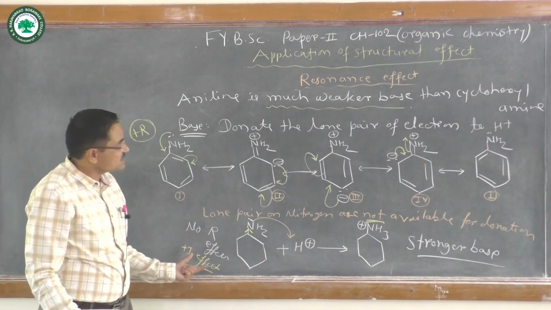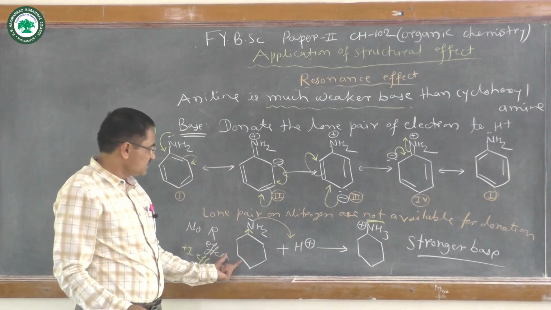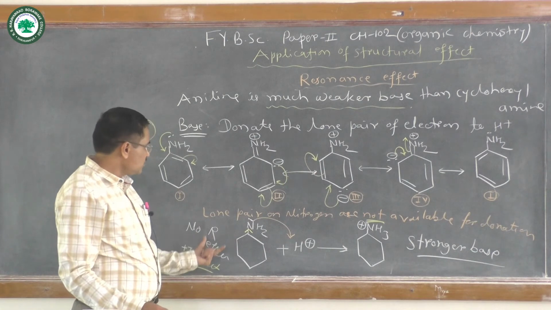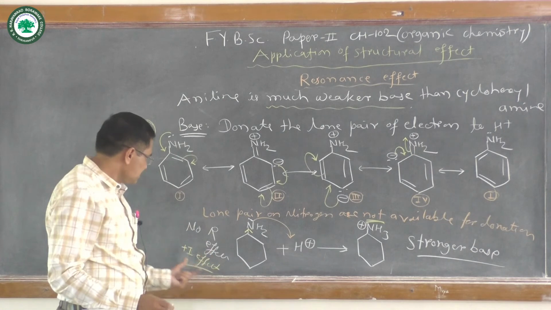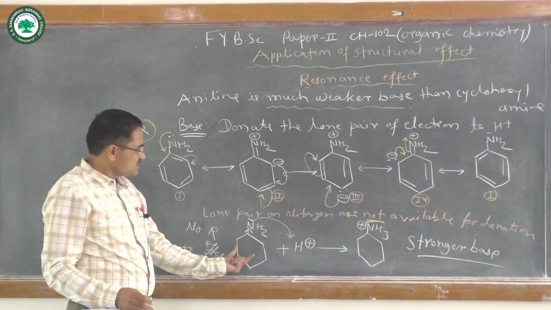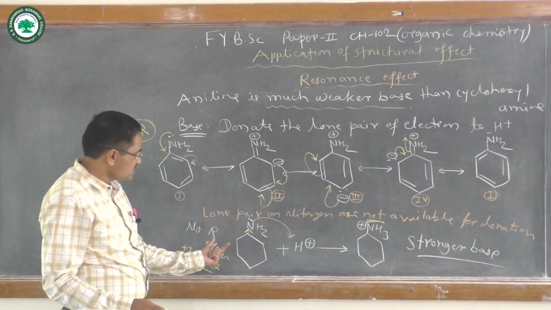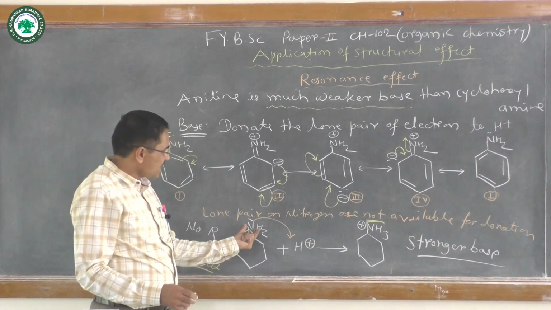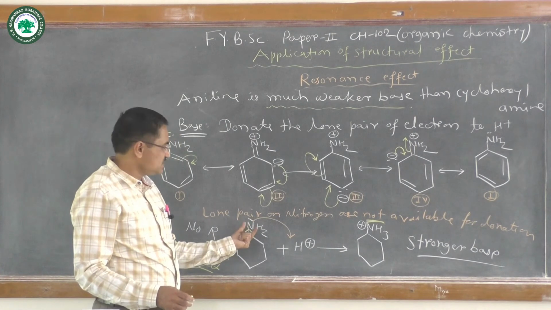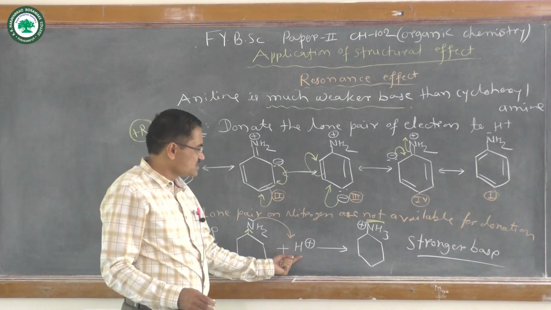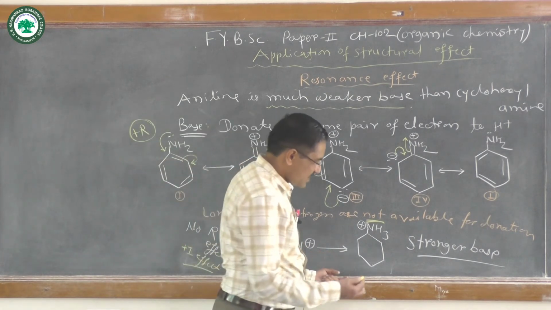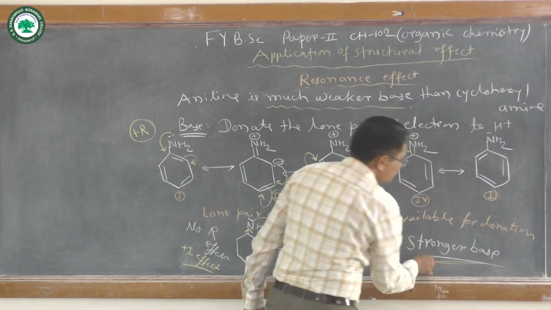But when we consider cyclohexylamine, there is no resonance effect. Besides this, there is the plus I effect of the cyclohexyl ring, and the lone pair on this nitrogen is available for donation to H plus, and it forms salt and it becomes a stronger base.